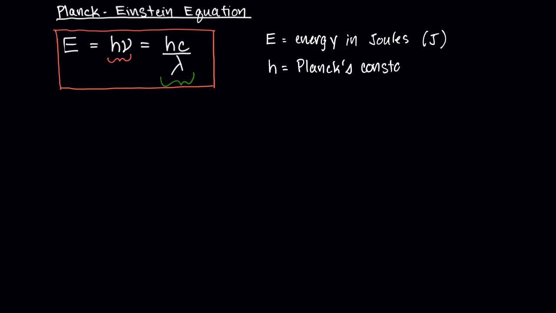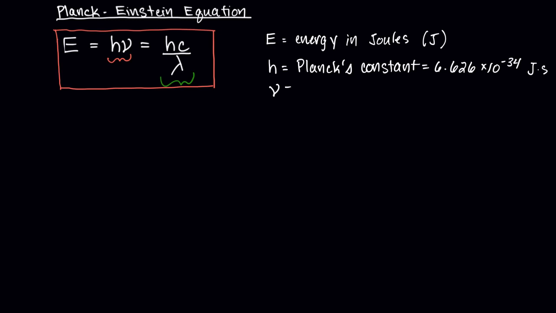It has the value of 6.626 times 10 to the minus 34th and units of joules seconds. You can either write J s for joules seconds, or your book writes J·s.